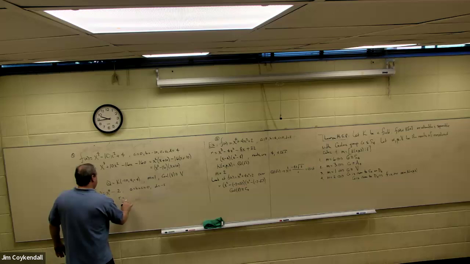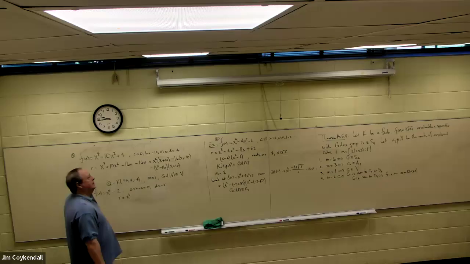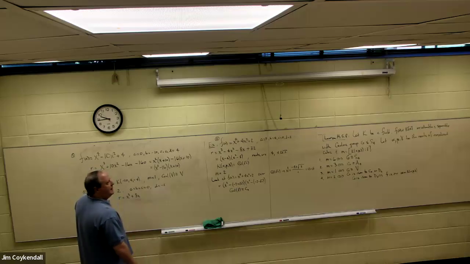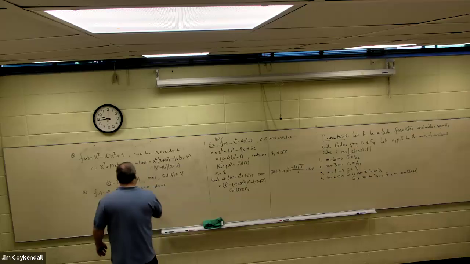So the resolvent cubic is x cubed plus 8x, which equals x times x squared plus 8.